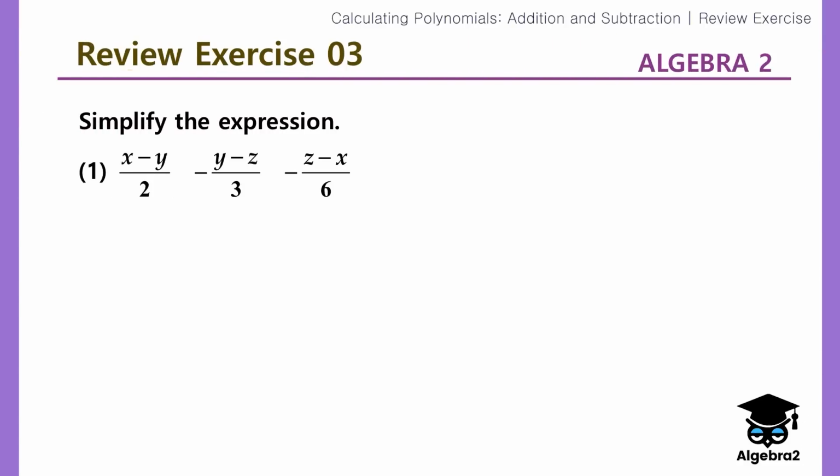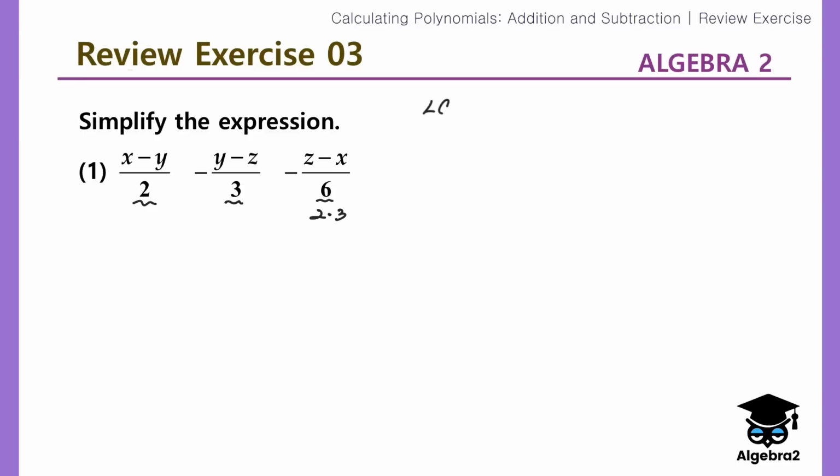Review exercise 3. The question is to simplify the expression. Well, we have 3 polynomials in fraction form, right? So the first thing we have to do is find the common denominator. We have 2 here, 3 here. This is not a prime, so 2 times 3.